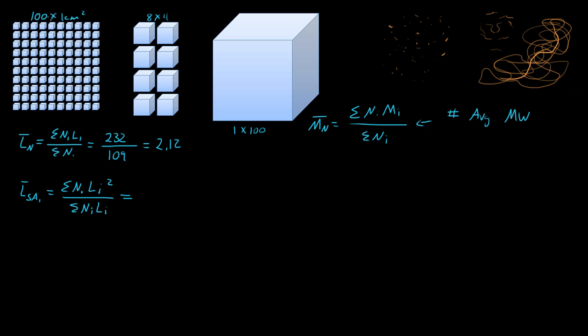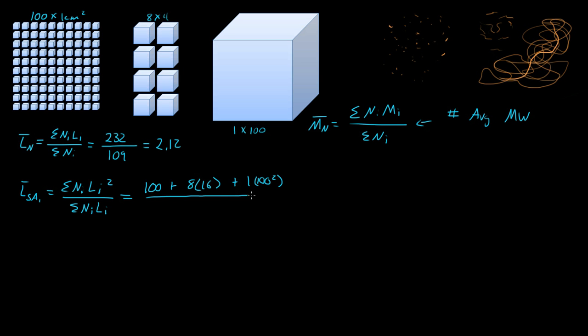So what do we get when we do that? Well, we have 1 by 1, which is just 1 centimeter squared. So we get 100, plus 4 by 4, so that's 16, so 8 times 16. And now we have a big cube, and that is 1 times 100 squared.